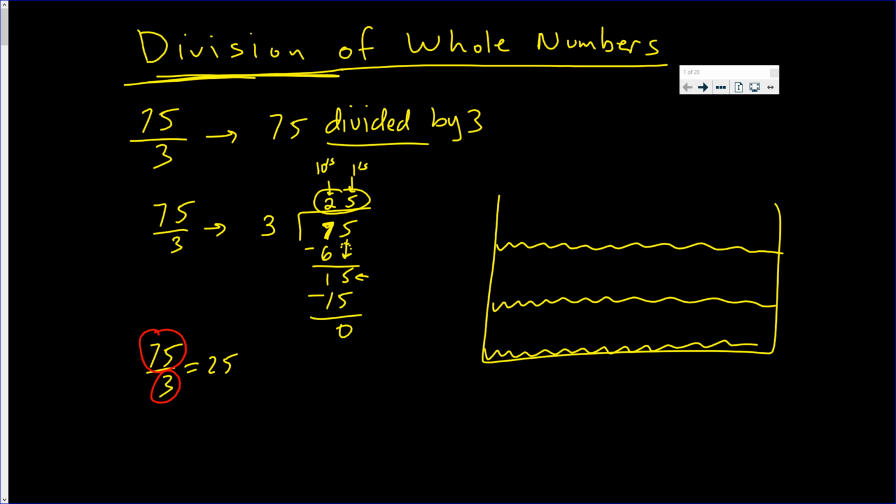Well, you can take the 75 books and put the first 3 here. So now we have 72 books left. Then you can put the next 3 there. So now we have 69 books. And you can put the next 3 here. So now you have 66 books. And you keep doing this.